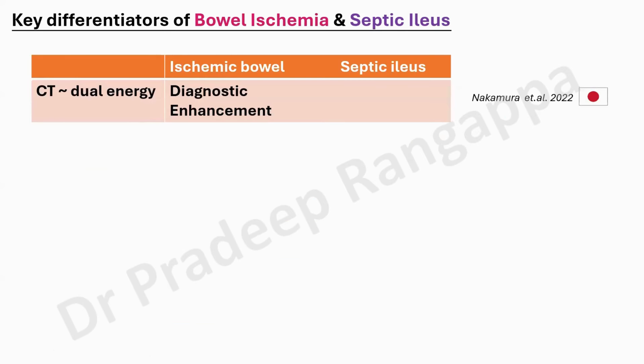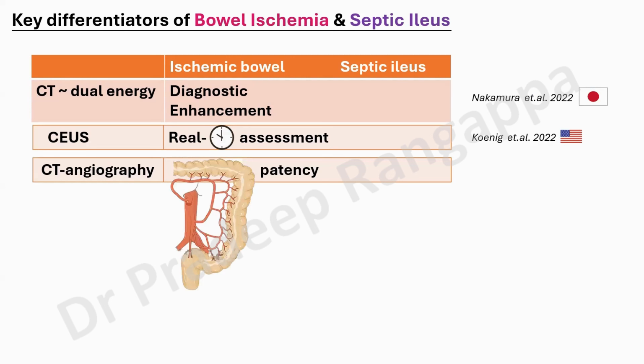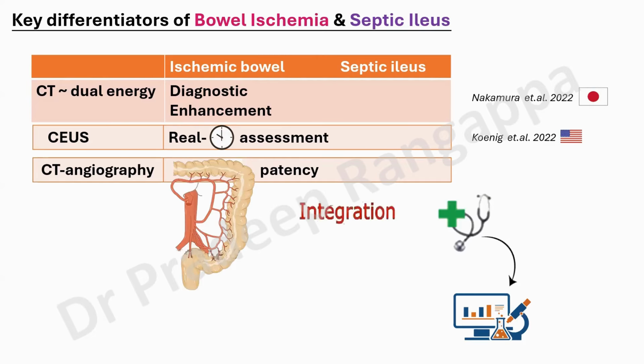And dual energy CT significantly enhances your diagnostic capability to pick up ischemic bowel. This was shown in a study from Japan. And contrast enhanced ultrasound also can be used as a tool for real-time assessment of ongoing vascular ischemia. But the gold standard would be CT angiograph, which can ascertain the patency of the mesenteric vessels and possible occlusion of the mesenteric vessels.